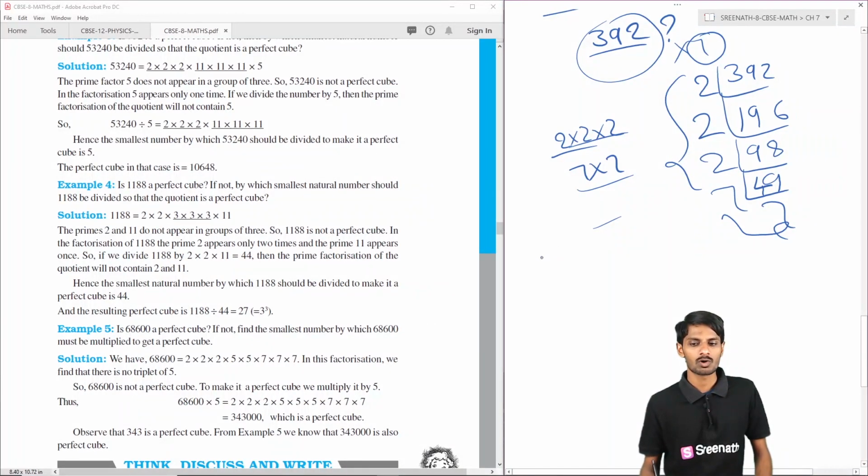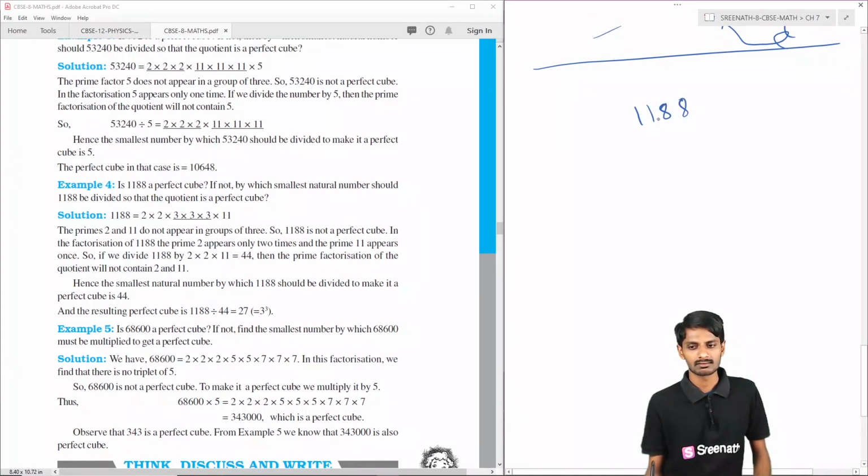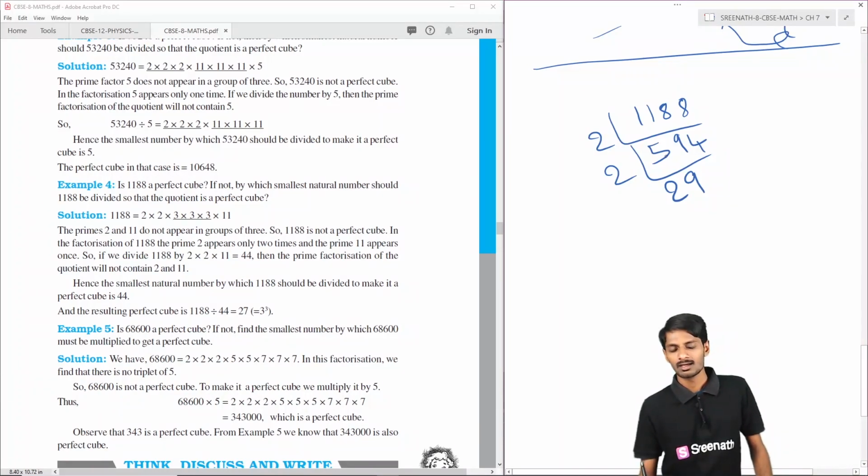Again, is 1188 a perfect cube or not? We will do this. 1188, if you divide by the 2 table, 5 twos are 10 and 1 is shifted, 9 twos are 18 and 4 twos are 8. Again 2 twos are 4 and 19, 9 twos are 18, and 1, 7 twos are 14.